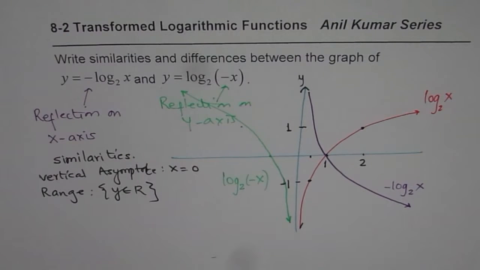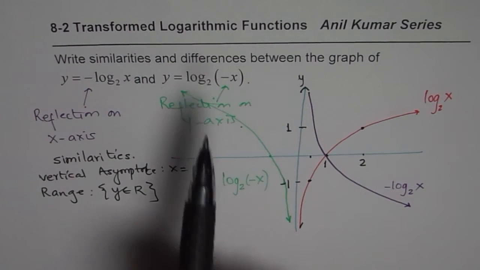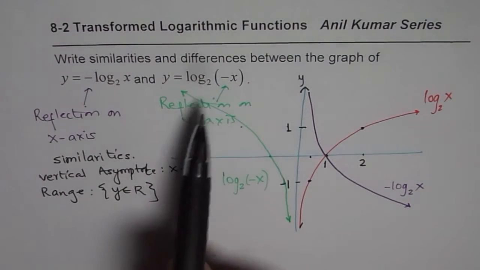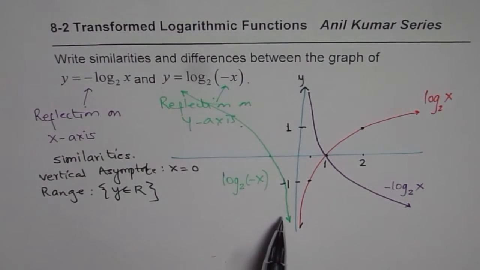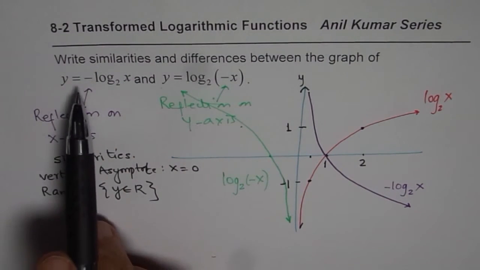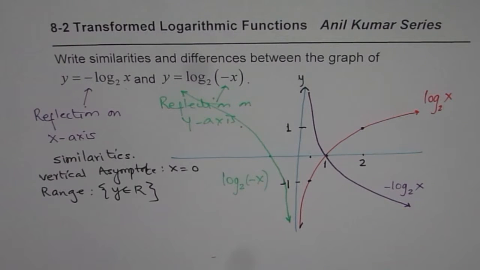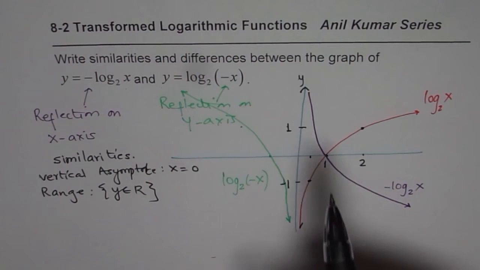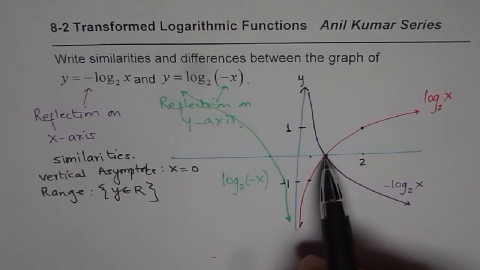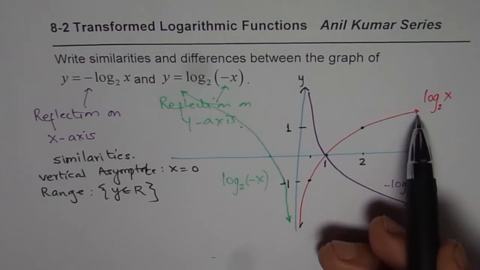As far as differences are concerned, you can write many, right? This function log 2 of minus x is decreasing in its domain, while the function minus log 2 of x is increasing in its domain, right? Then of course you can write x-intercepts are different and behavior is different, correct?